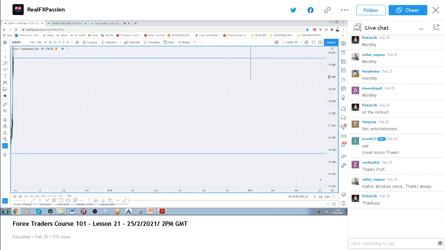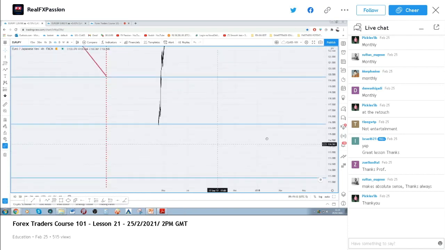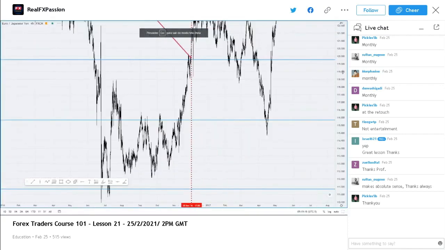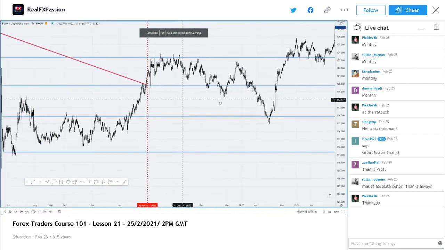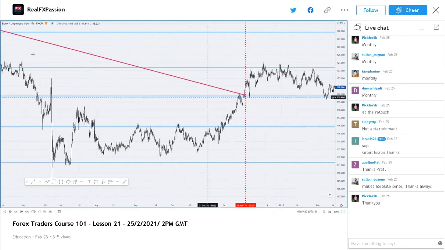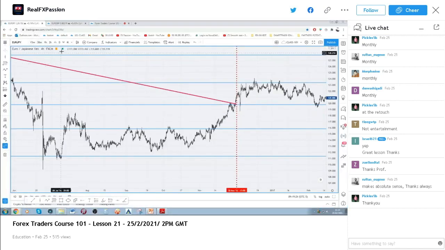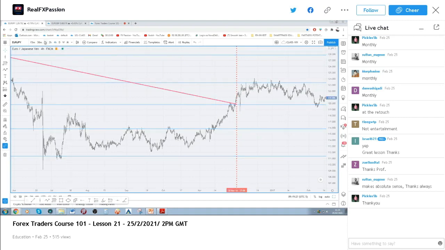Just give me a second, everybody. Oh, vertical line, there you go. Okay, so we have a vertical line, and we are going to go from the 4 hour chart to the 1 hour chart.